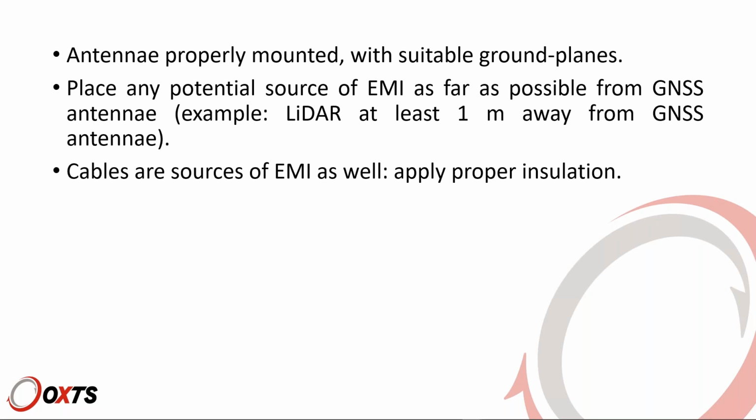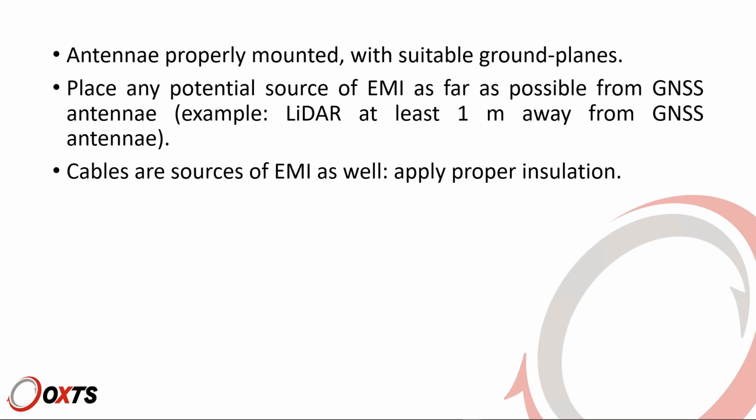If that shows to be very, very difficult and you cannot keep the LiDAR or any other device 1 meter away from both primary and secondary antennas, if you have to sacrifice one antenna, then make that the secondary. Try to protect as much as you can the primary antenna because it's the most important one.